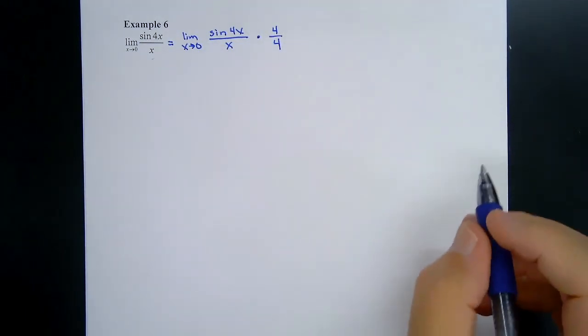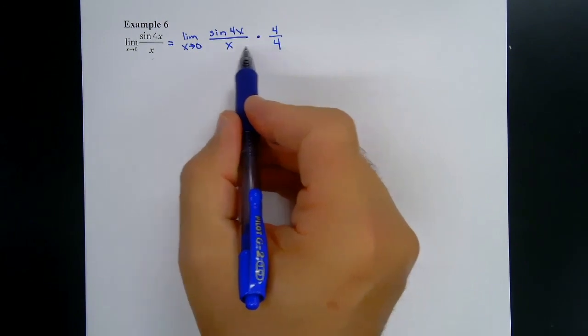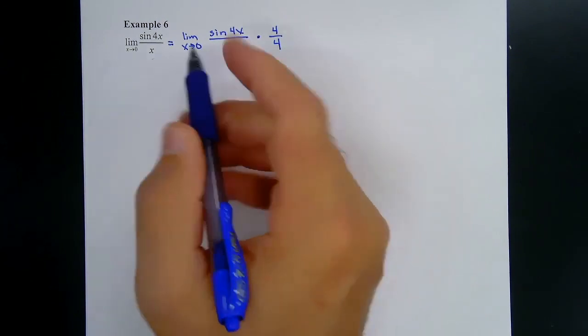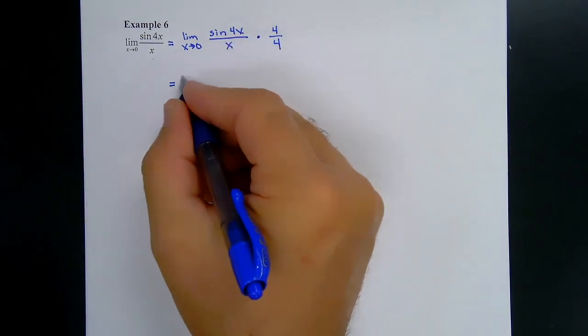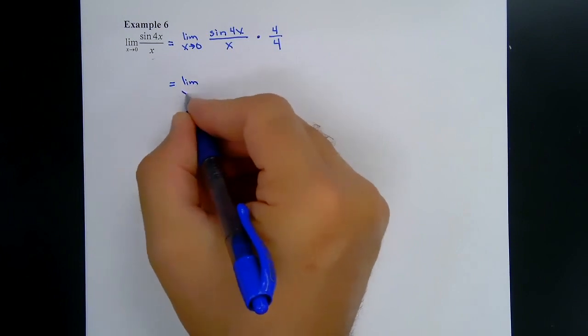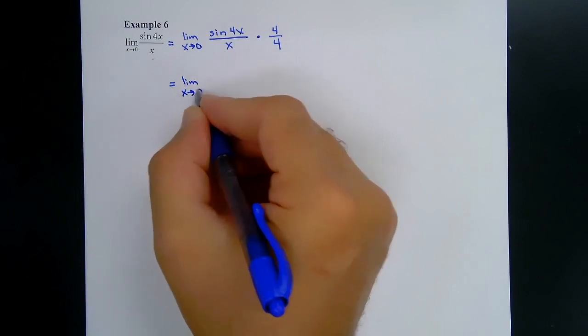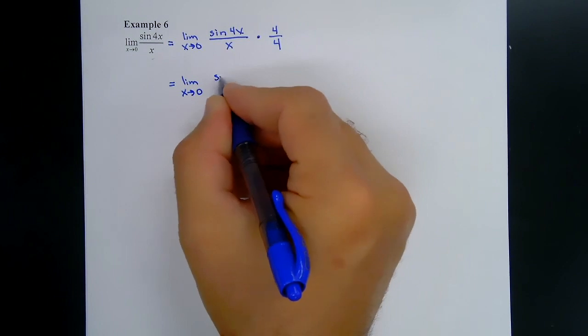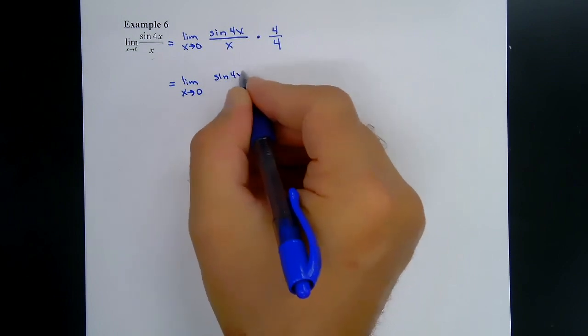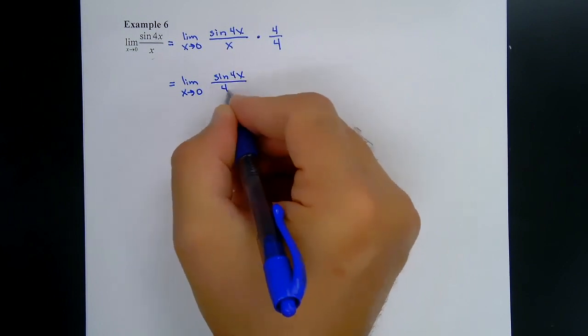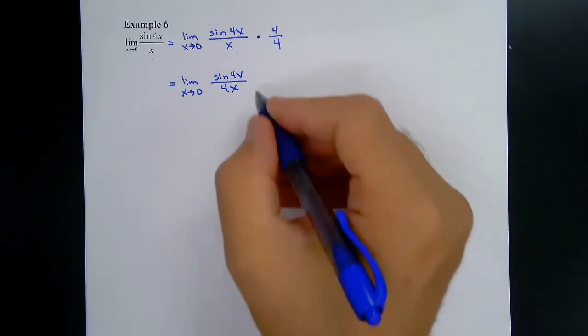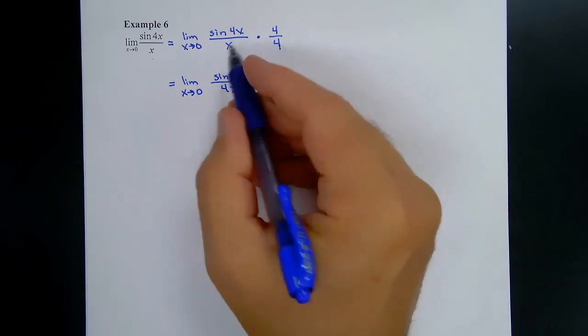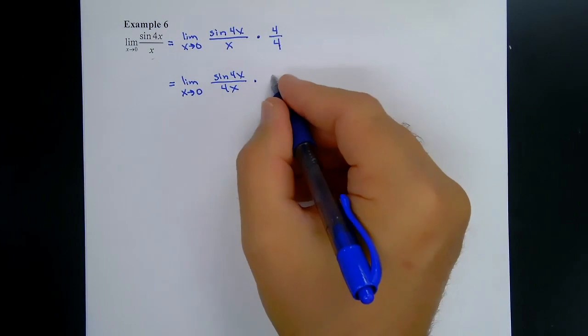Now, why? Because now I can bring this 4 in with this x, and now I have the limit as x approaches 0 of sine of 4x over 4x times, so that 4 is now with this x, so it's just times 4.